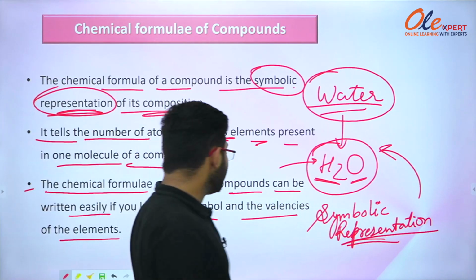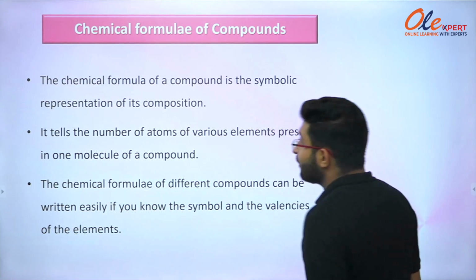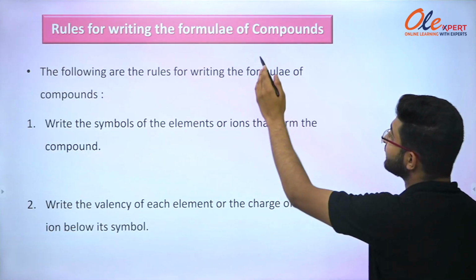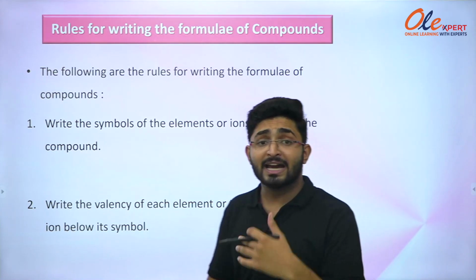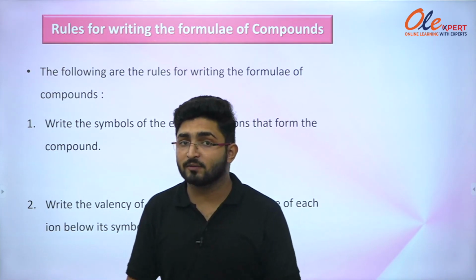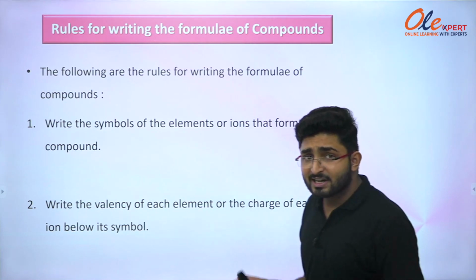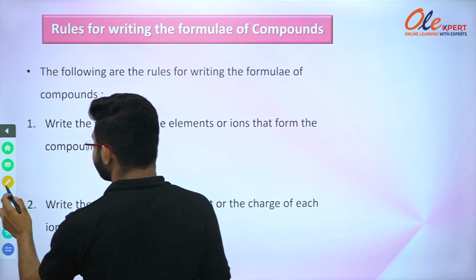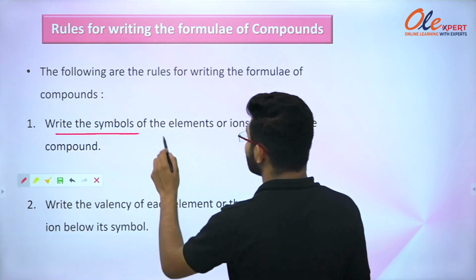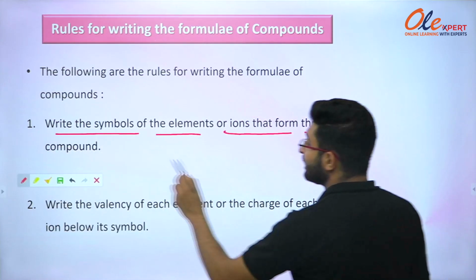Okay, so now we are moving to the next topic, that is formation or rules for writing the formula of compounds. There are some rules with the help of which we can write the chemical formula of a particular compound. Let's have a look at those rules. The first rule says: write the symbols of the elements or ions that form the compound.